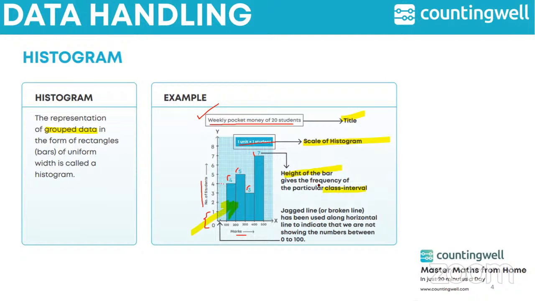So the height of the bar will give the frequency. So there are 4 students having marks 100 to 200. Here you can see a jagged line. This shows we do not have any observations between 0 to 100. That's why we have broken this line and then we have started the marks as 100, 200, 300 up to 500.